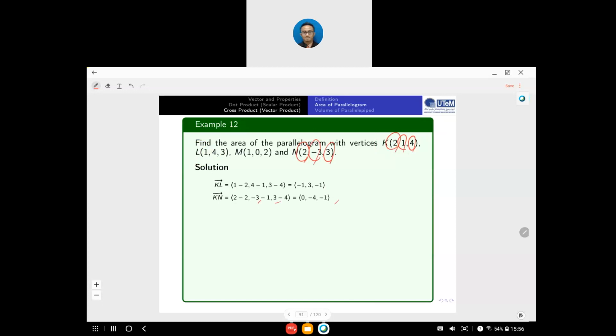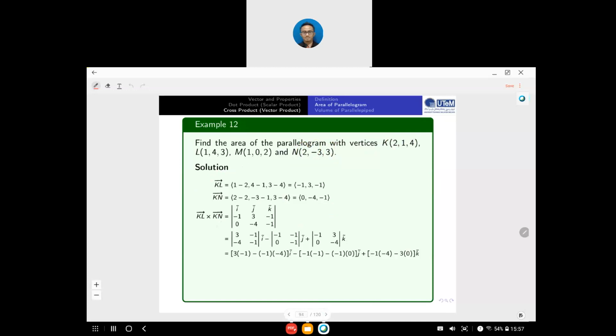After you get KL and KN, then you can find the cross product between these two vectors. So you can get the cross product equal to negative 7i minus 7 minus j plus 4k, and then the area of the parallelogram is the magnitude of this one.